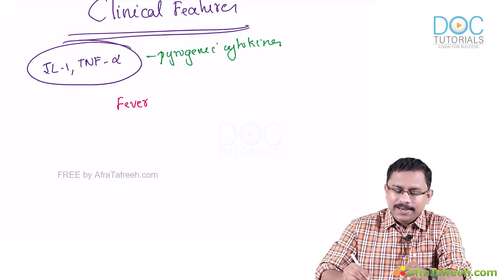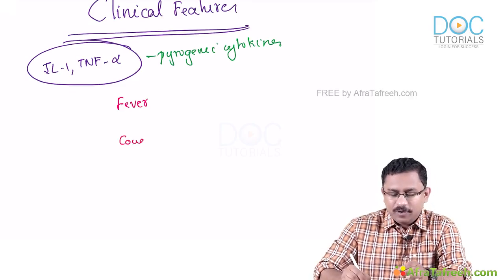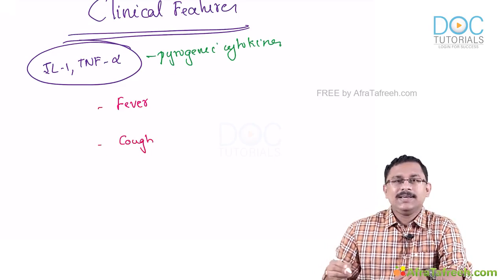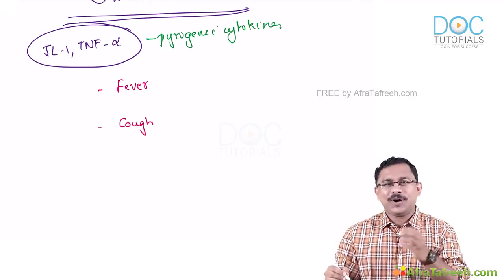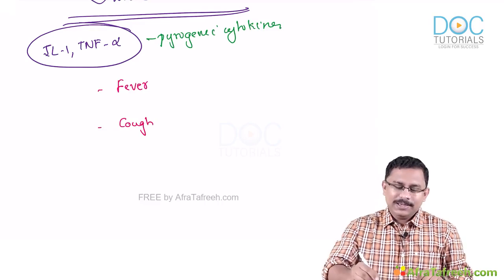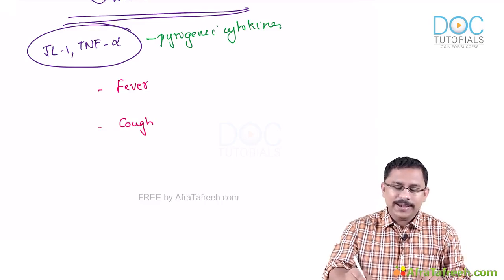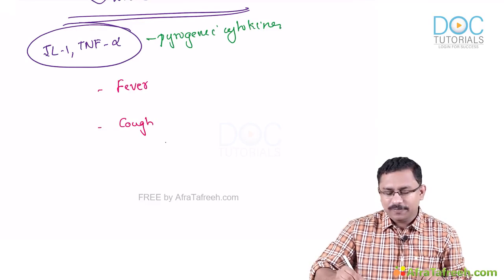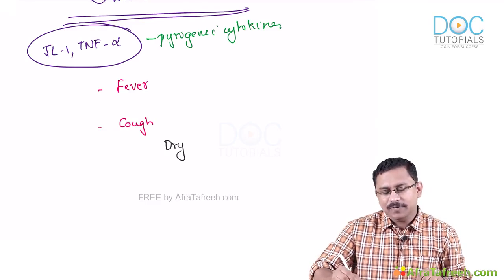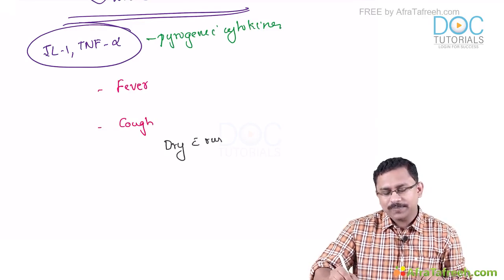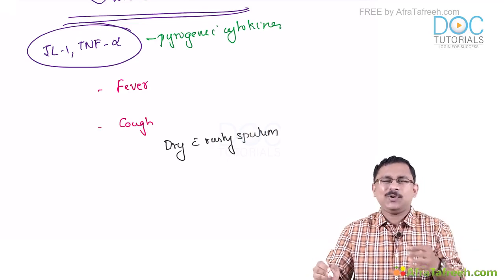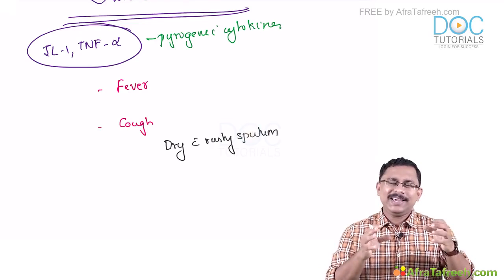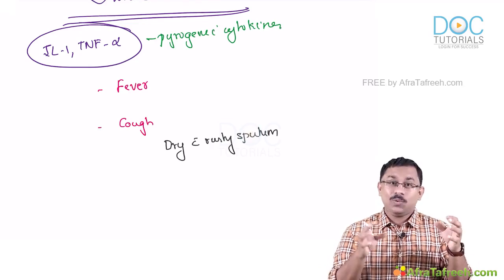Then obviously you can have cough. Is it going to be a dry cough or a productive cough? See, in early pneumonia, what you get is a dry cough. You say that it is a dry cough with rusty sputum. Now, why do I say that it is a dry cough with some rusty sputum? Because initially it is totally dry. Why dry?